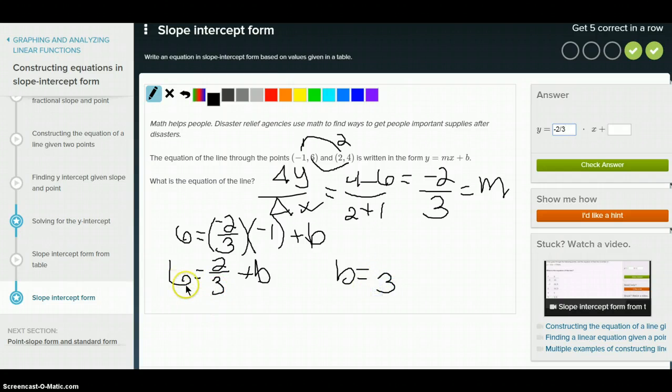So if we have 6 over 1, and we're going to convert this to a denominator of 3, that means we're going to multiply the denominator by 3 and the numerator by 3. So we're going to have 18 over 3, and then we're going to subtract 2/3. And that equals 16 over 3.